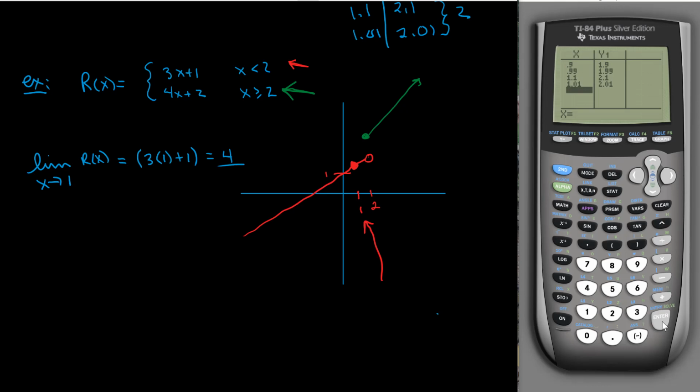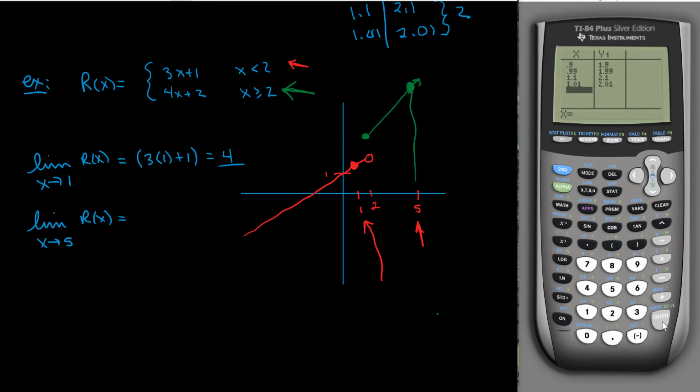If we do something like the limit as x approaches 5 of r of x, as we move in on x equals 5, 5 is on the graph way over here to the right, which is going to take us somewhere up in there.